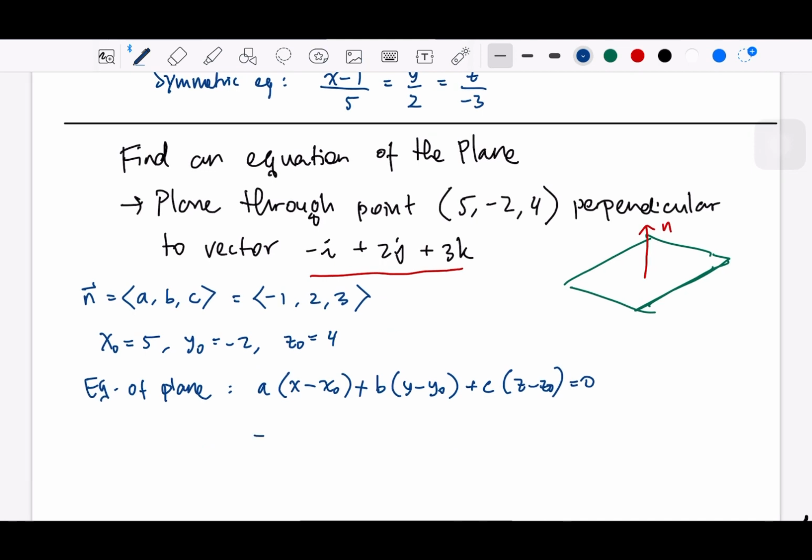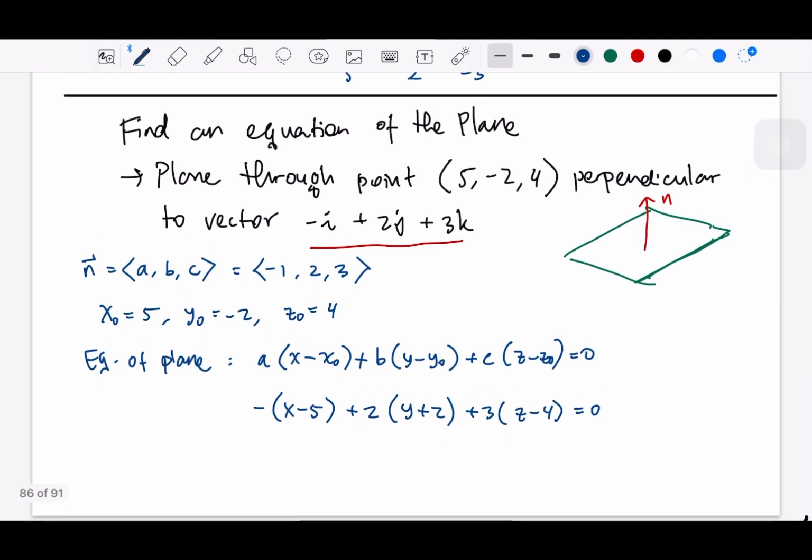So we get negative (x minus 5) plus 2(y plus 2) plus 3(z minus 4) equals 0. And if we solve this, negative x plus 2y plus 3z, 5 plus 4 is 9, 9 minus 12 is minus 3, so it's equal to 3.